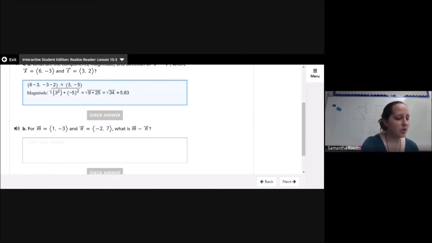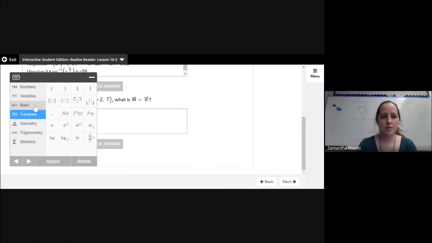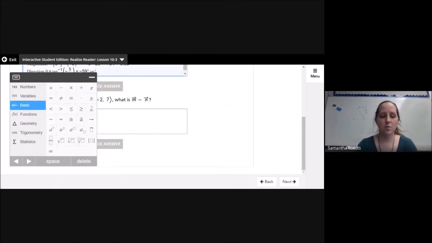And then my direction, theta equals the inverse tangent of negative 5 over 3, which equals negative 59 degrees, or 301 degrees.